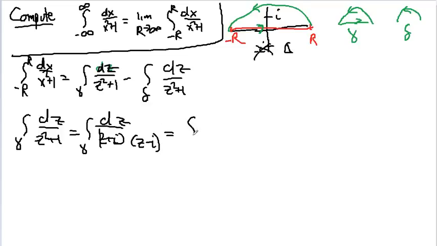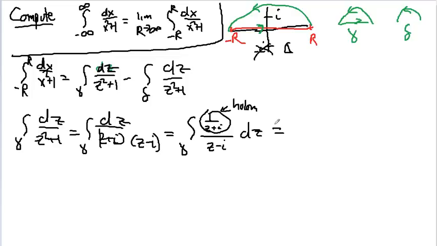But I can rewrite this as the integral over gamma of 1 over z plus i, over z minus i, dz, where the numerator is holomorphic inside of gamma.